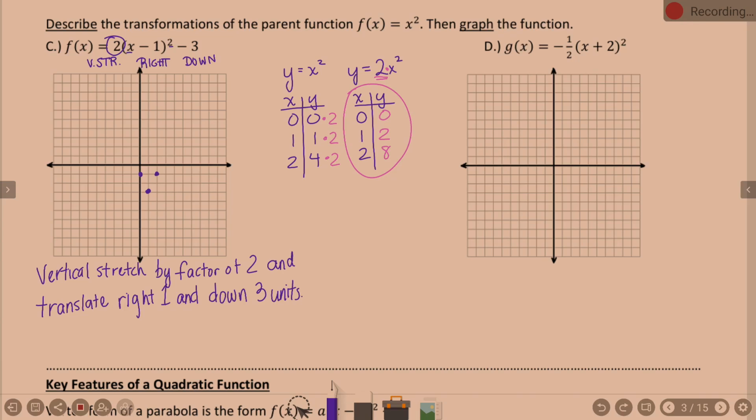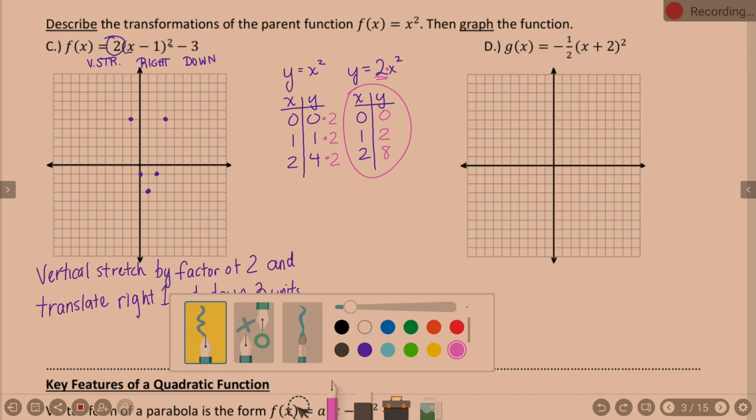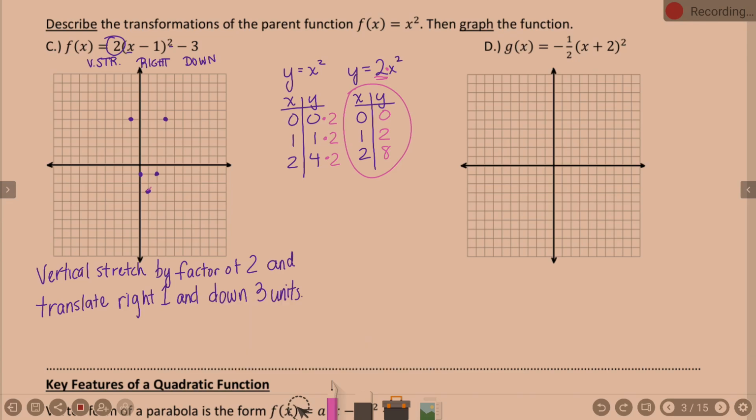Normally the next set of points would go over 2, up 4. Instead, we're going to go over 2, up 8. Again, your goal is to connect the parabola.